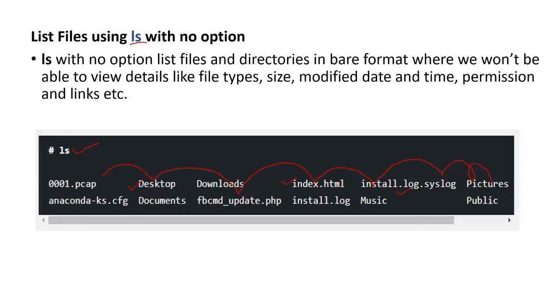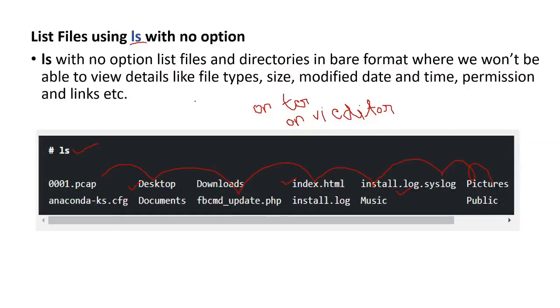In a particular directory, whichever files and directories are available, it will show all of those. You can type these commands on the terminal, or you can type them in the VI editor. So there are two ways to use these commands, either on the terminal or in the VI editor.